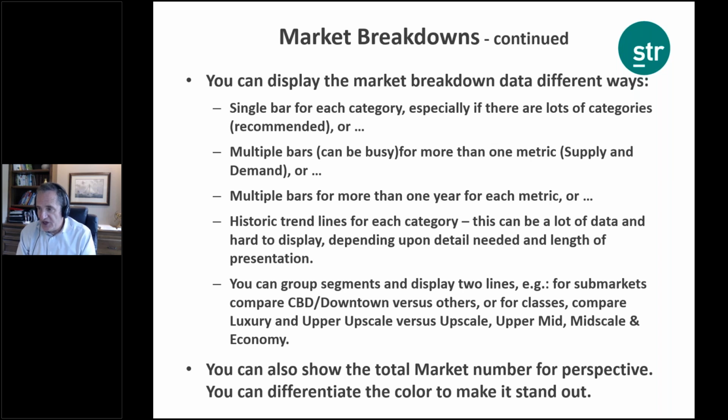So you can group segments and display 2 lines. In other words, you could combine different class groups and so show luxury and upscale and upper mid-scale and economy. Or if you want, like in Nashville, there's a central business district submarket that is downtown.